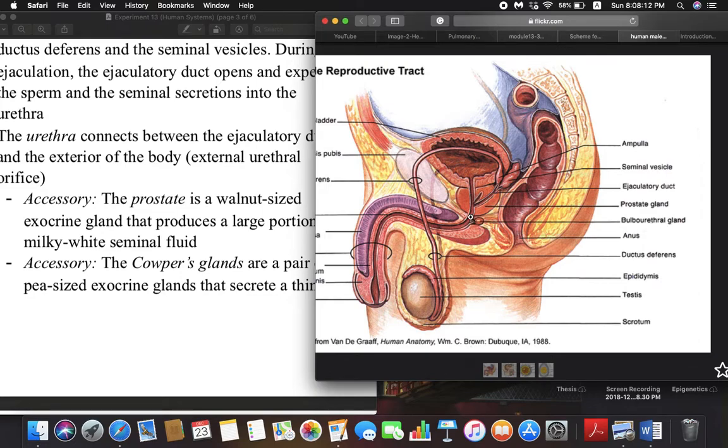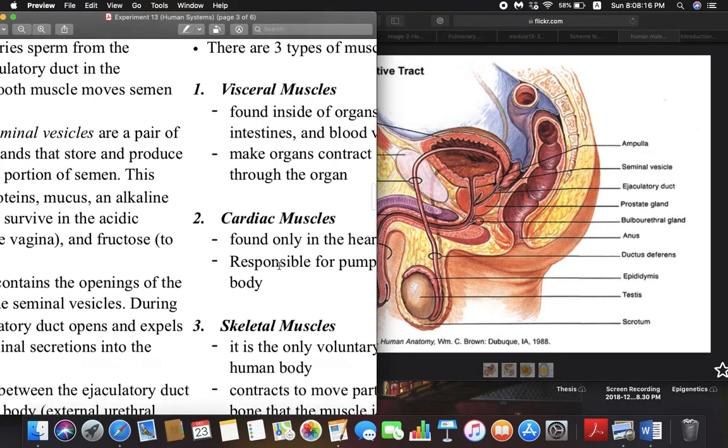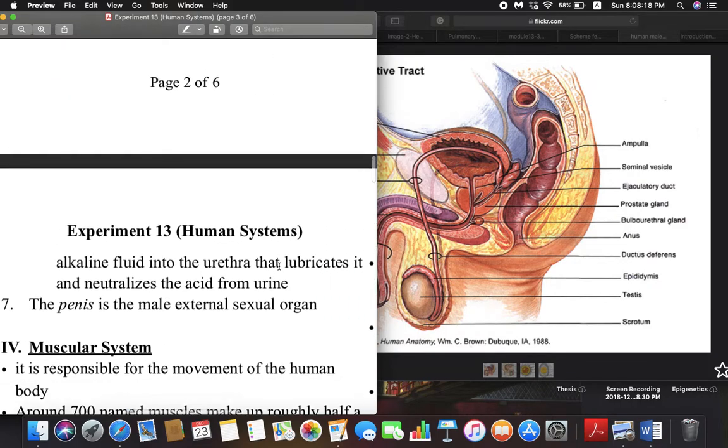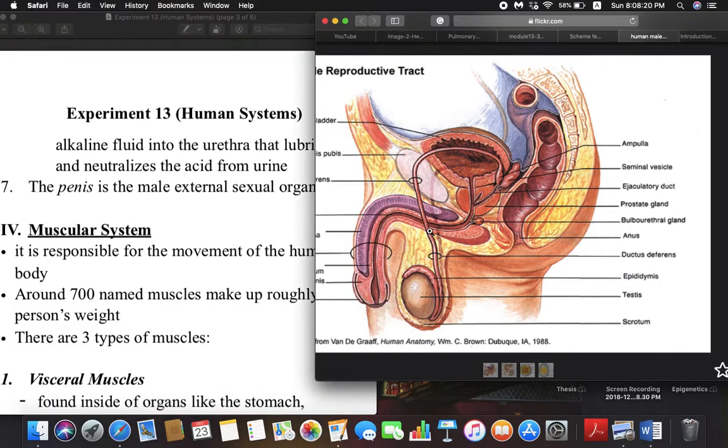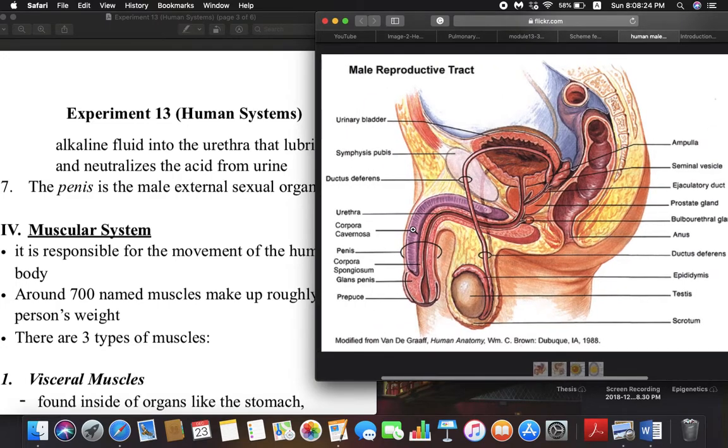The main function of the Cowper's glands is to secrete a thin alkaline fluid into the urethra that lubricates it and neutralizes the acids from the urine. The difference between the male and female reproductive systems is that the external opening of the female reproductive system is the vagina, while the opening that leads to the external part of the body in males is the urethra.